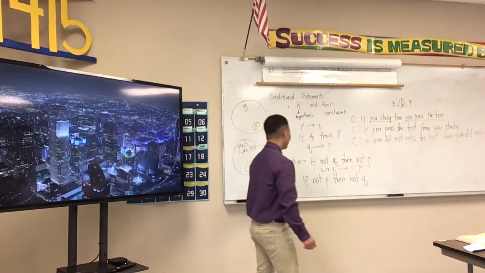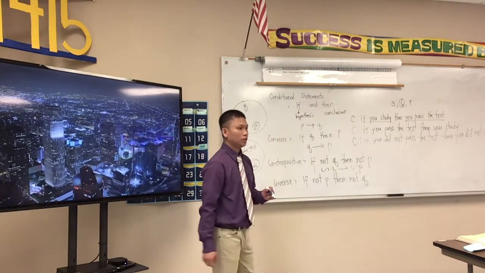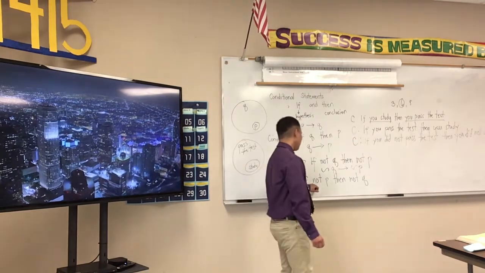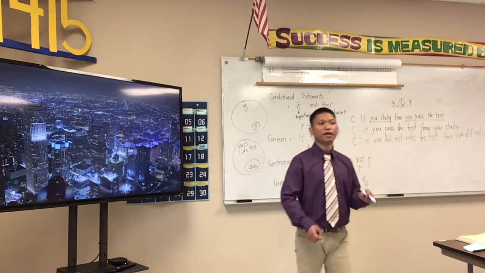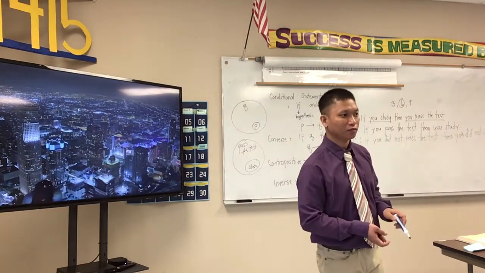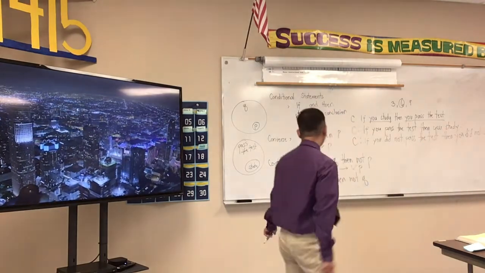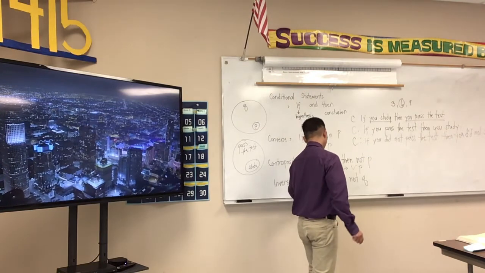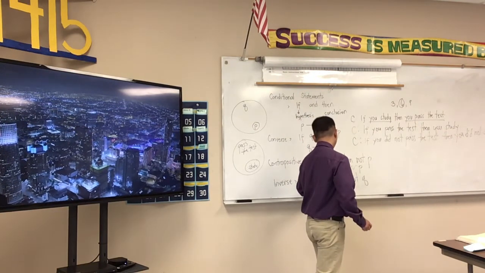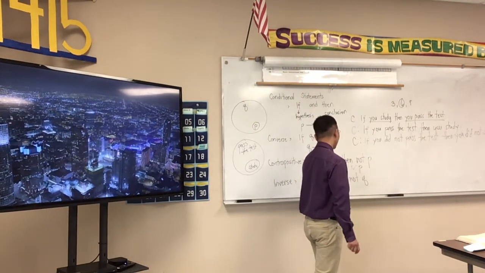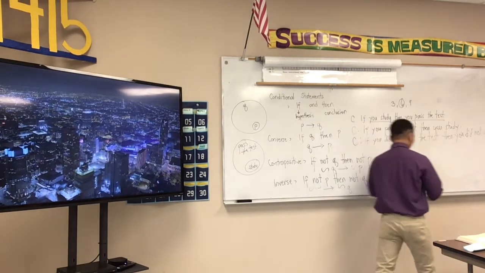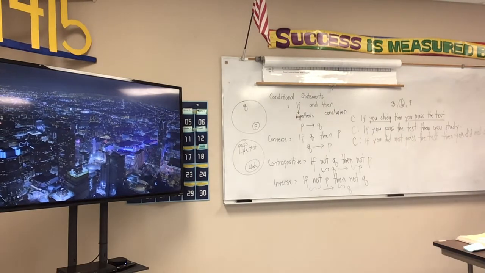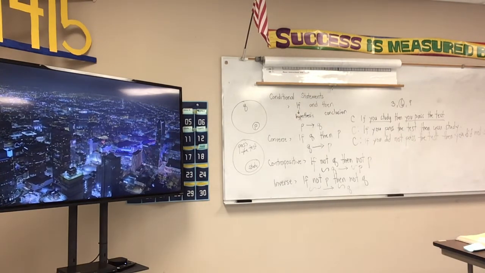Now we have here the inverse. When we say negation, it's the negative of our statement, the opposite. If not P, implies not Q. So how are we going to construct our inverse now?